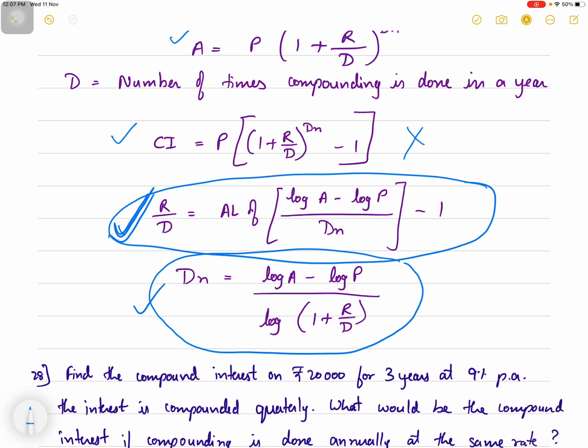If you want to find n and if you want to find r, then these are the formulas. There's a slight change, that's it. The formula is actually the same. You just have to divide r by d and include d here.